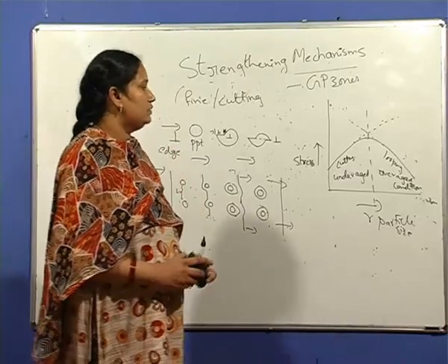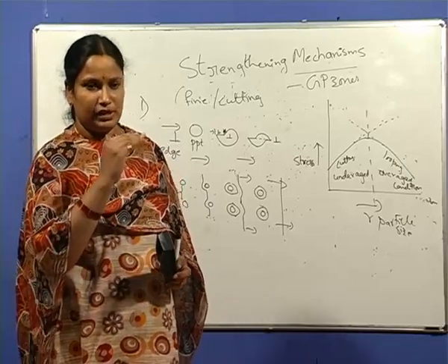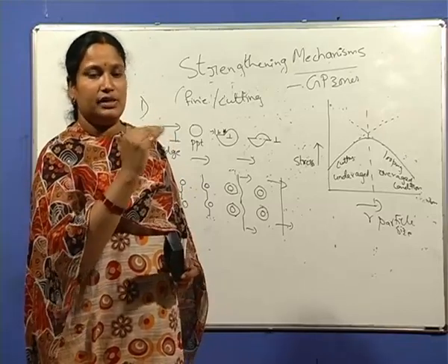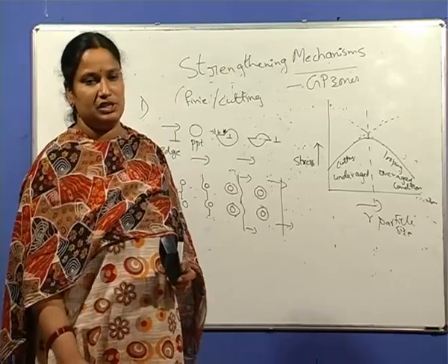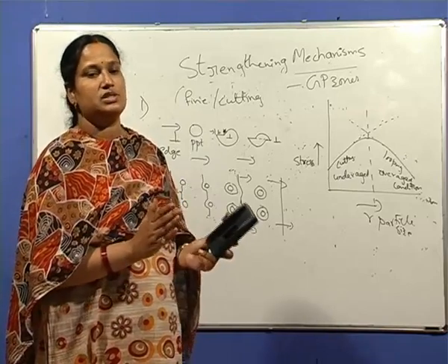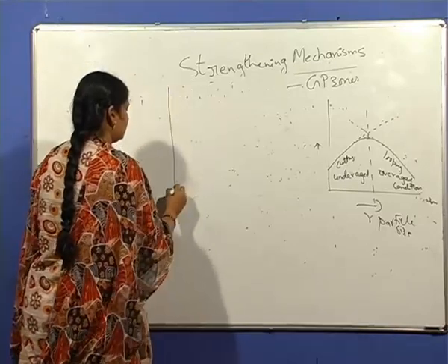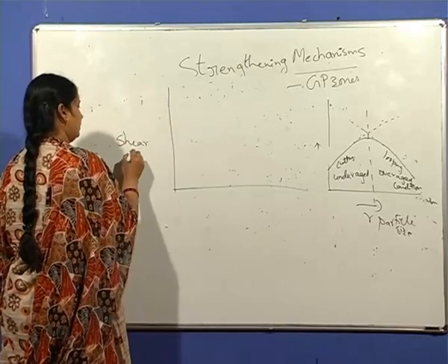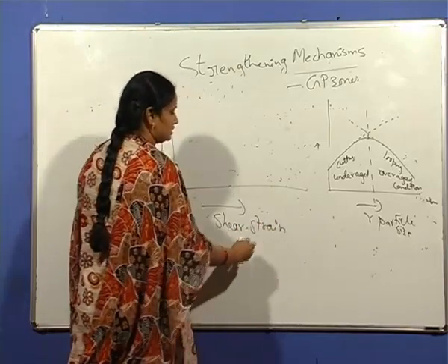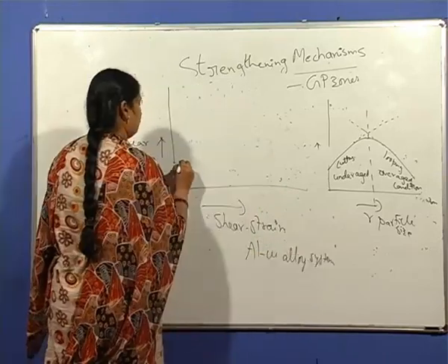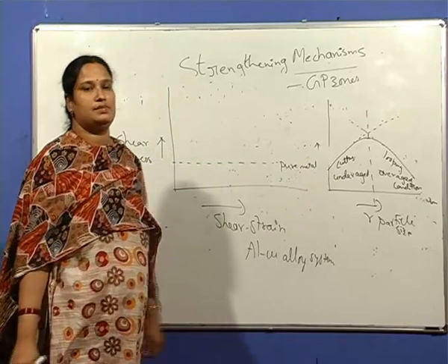Next, one more diagram, which shows the shear stress versus shear strain curve for the various stages of the aluminum copper alloy system: pure metal, solid solution, and the underaged, peak-aged and overaged conditions.